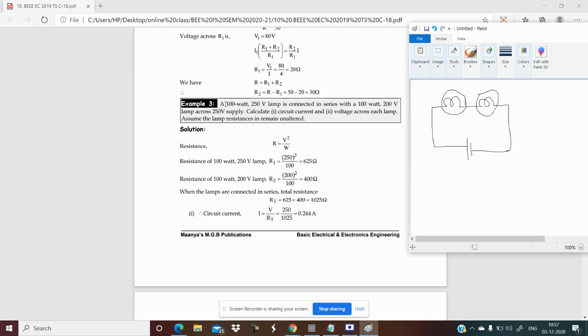So here one bulb is a 100 watt, 250 volt lamp.